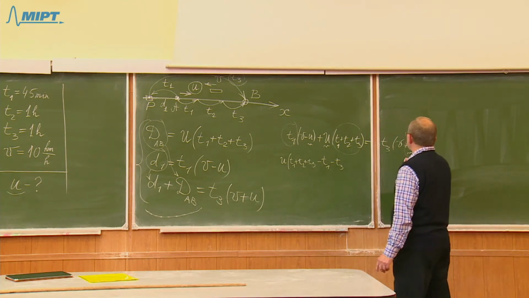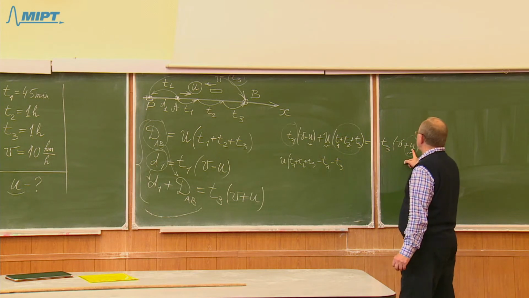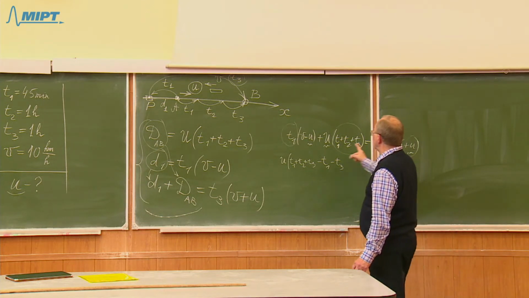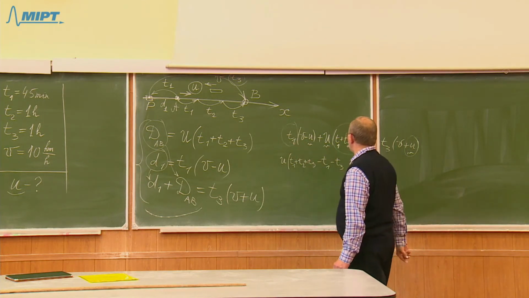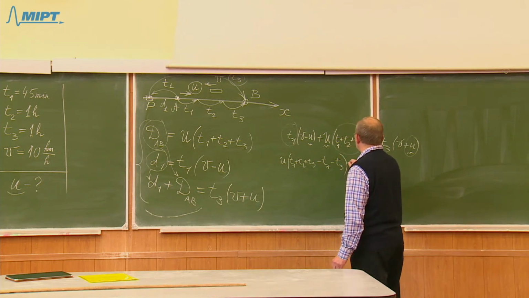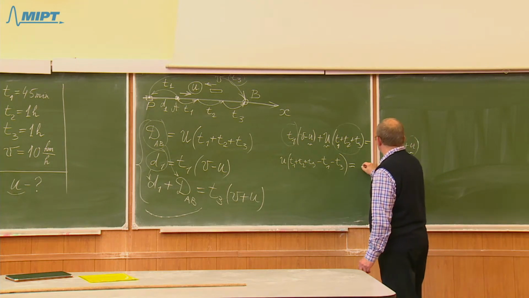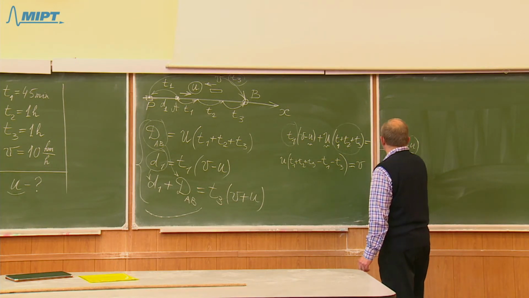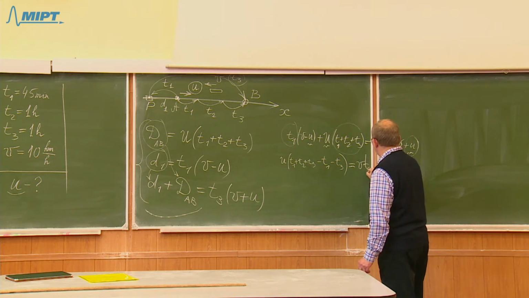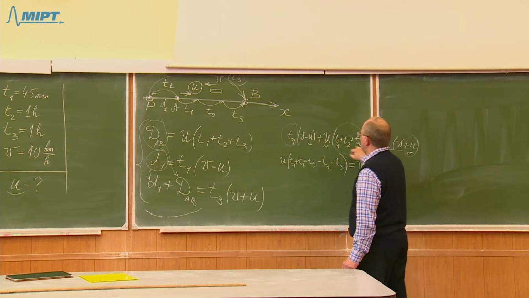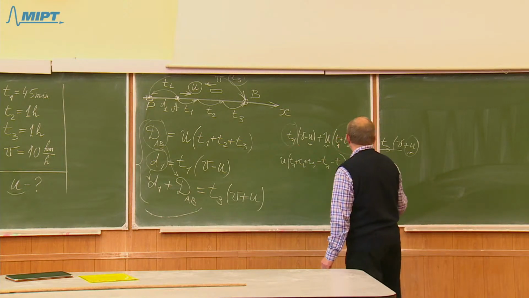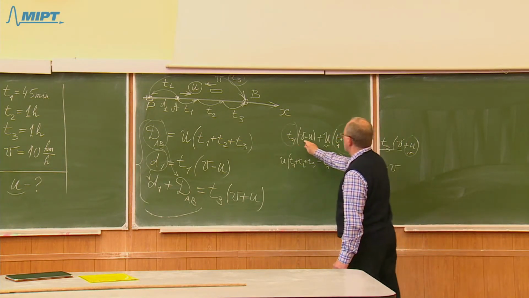So we have taken into account all the terms containing this unknown velocity u, all the terms containing u. And all this is equal to what? The remaining terms: v times t3 minus v times t1.